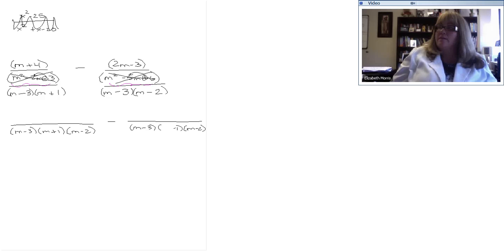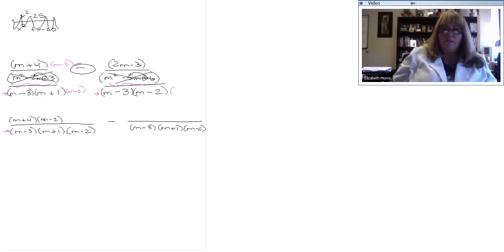All right. What do I need to do to go from here to here? I need to multiply by m minus 2. And whatever we do to the bottom, we do to the top. So I get m plus 4 times m minus 2 minus, what do I need to multiply this by to get this?